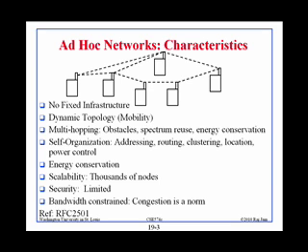But the key difference between mesh and ad hoc is that ad hoc has no base, no tower. In the mesh, you might have a tower. So the key thing that distinguishes an ad hoc network from everything else is that there is no tower, no central point. So you do multi-hopping here as well.